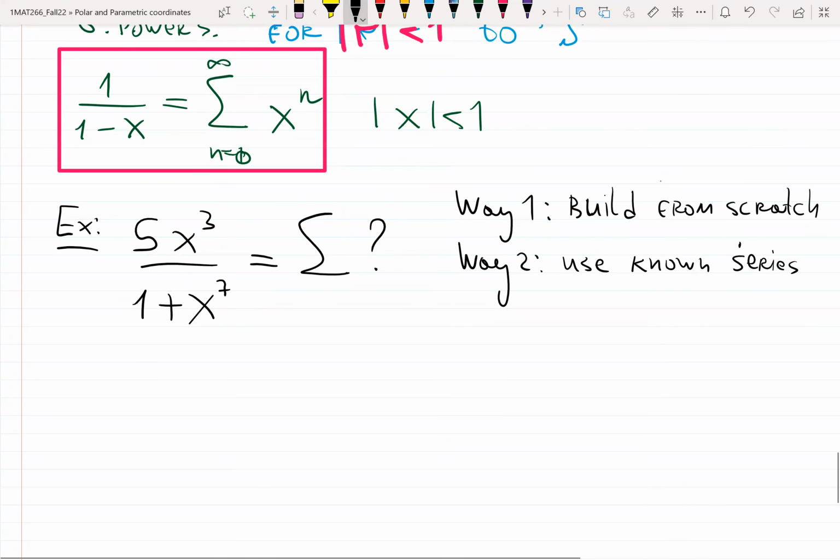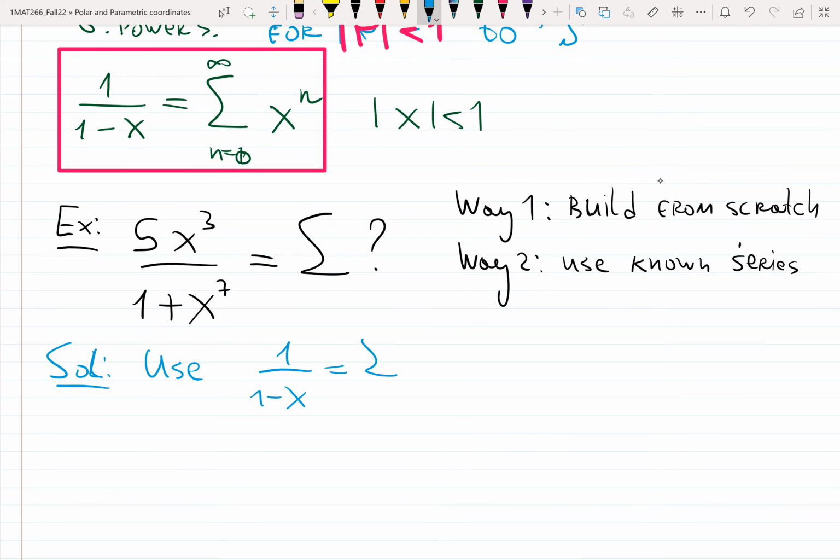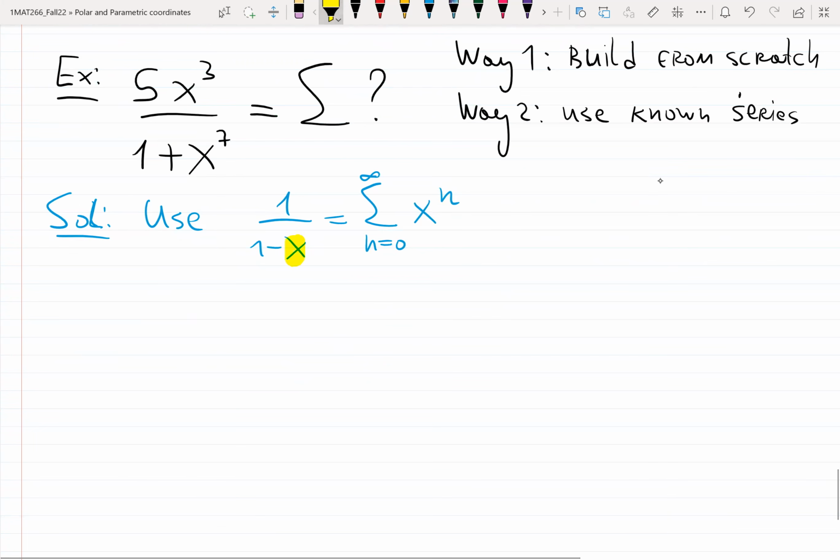Whatever is faster, I don't want to deal with quotient rules. It's annoying, but you will know that the answer will be the same. That's the whole point of this knowledge. Solution, use 1 over 1 minus x equals sum x to the n. And you know how I teach it. I read it like this. 1 over 1 minus input equals sum of input to the n.